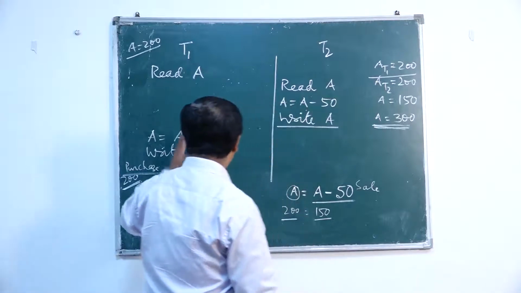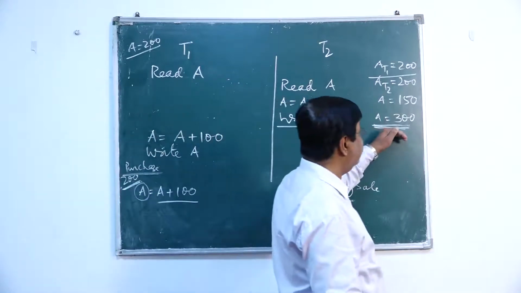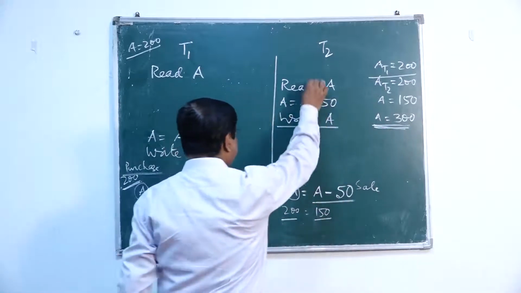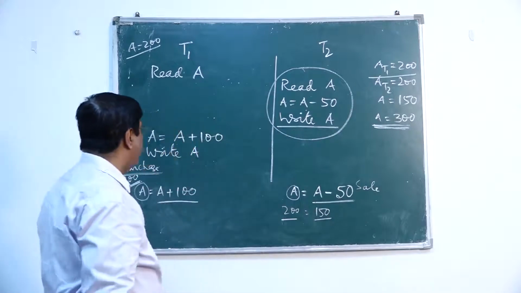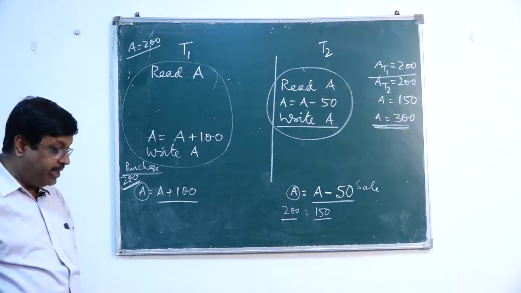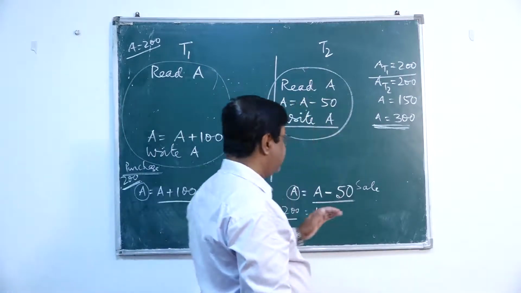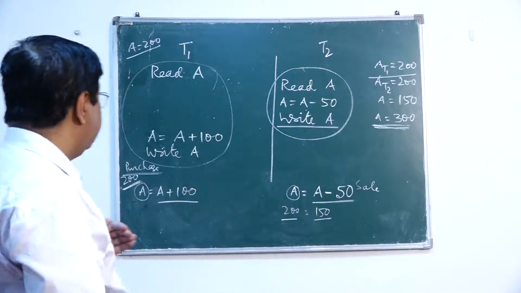The value calculated by transaction T1 is written into the secondary memory as 300. So, the updates made by transaction T2 are overwritten by transaction T1. That means the updates made by T2 are lost. That is why it is called lost update problem.